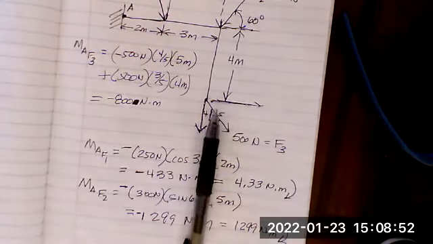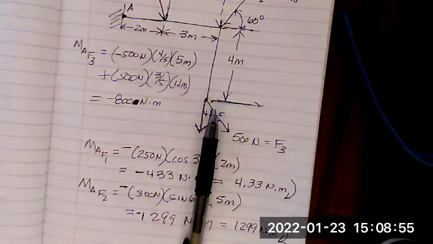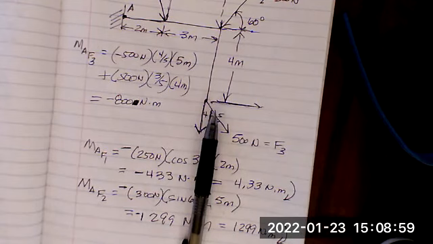Let me check that on the calculator to make sure that solution is right. These are the numbers I got earlier. So we're going to have 500 times 4 divided by 5 times 5, negative 2,000. And then 500 times 3 divided by 5 times 4, and then minus.